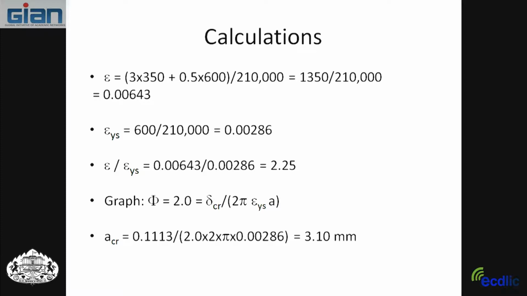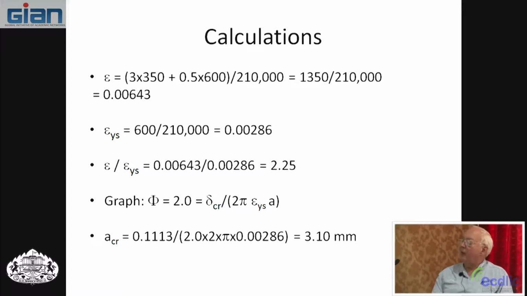KT is 3, membrane stress is 350, half the yield is a half times 600, divide that by 210 and get 0.00643. That's a pretty high strain. The yield strain is 0.00286. So when you put that together, you get strain to yield strain of about 2.25.